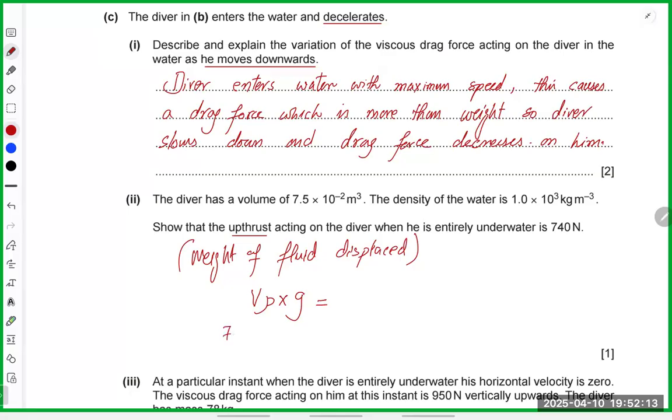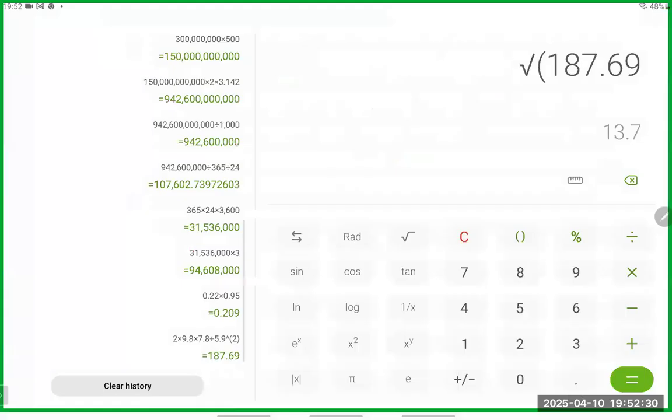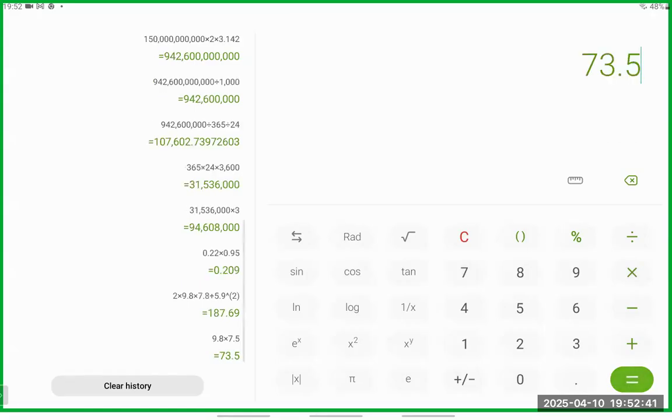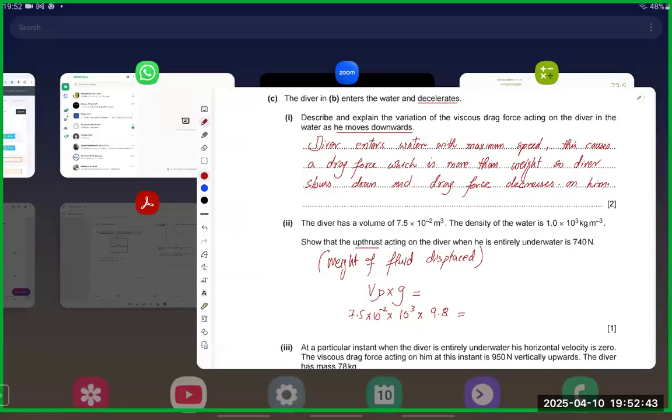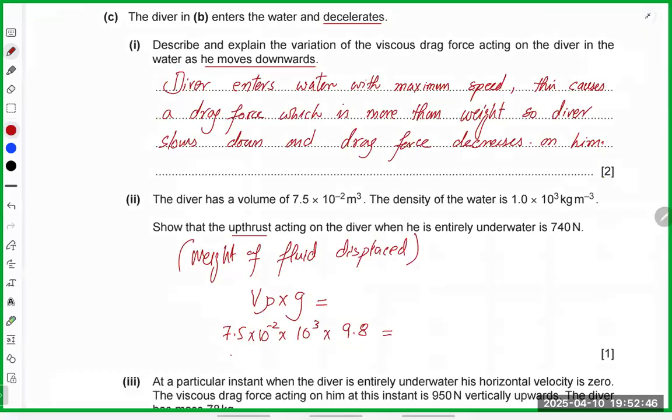So it is 7.5 into 10 to the power minus 2, into density is 10 to the power 3, into 9.8. So what is 9.8 into 7.5? 73.5 into 10 to the power 2.